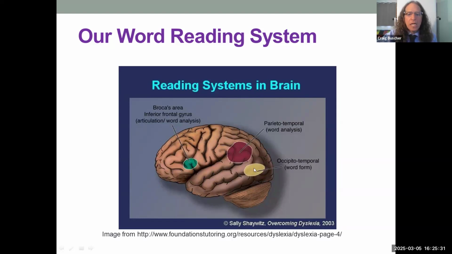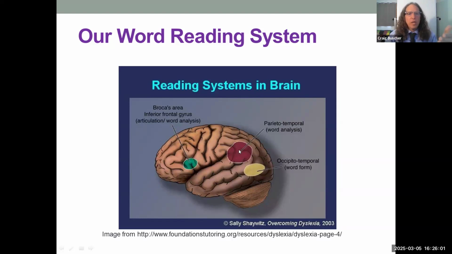When you start reading, this back part of your brain activates first, then this front will activate, and then this part will activate, where that information is coming together. Through the interaction between that part in your visual system and this other part in your phonological system, that communication is what allows words to get analyzed. So that's why it says word analysis.